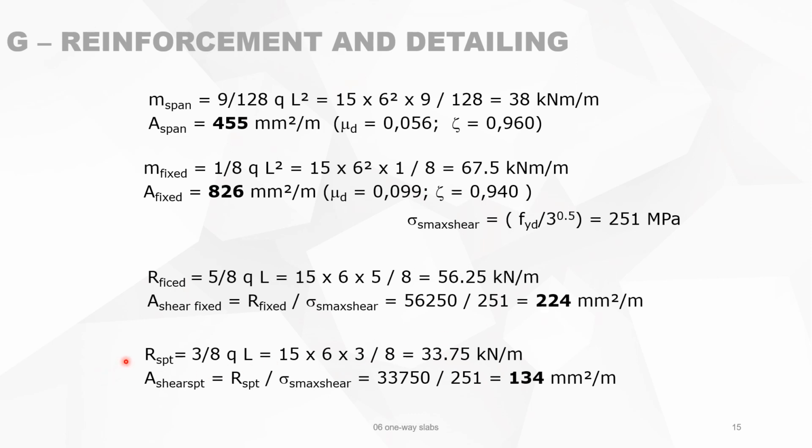At the support where the slab is hinged, the reaction force is 33 kilonewton per meter, and again the reinforcement we need for shear is 134 square millimeters per meter.